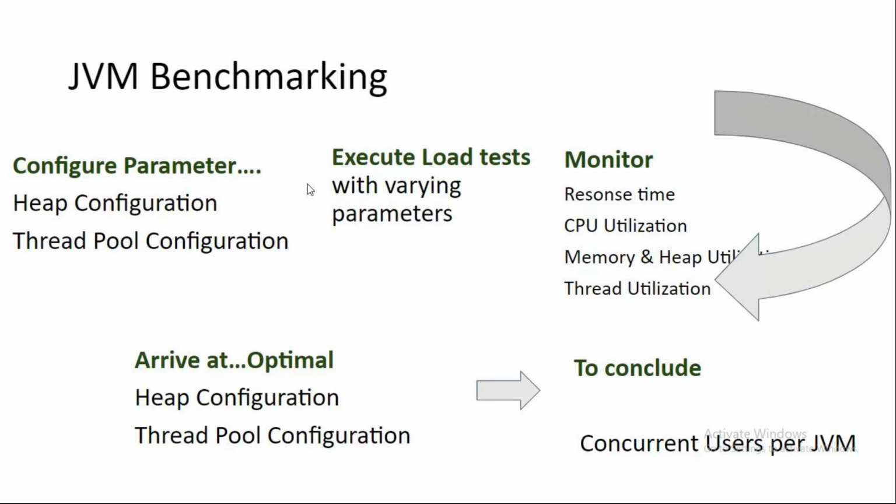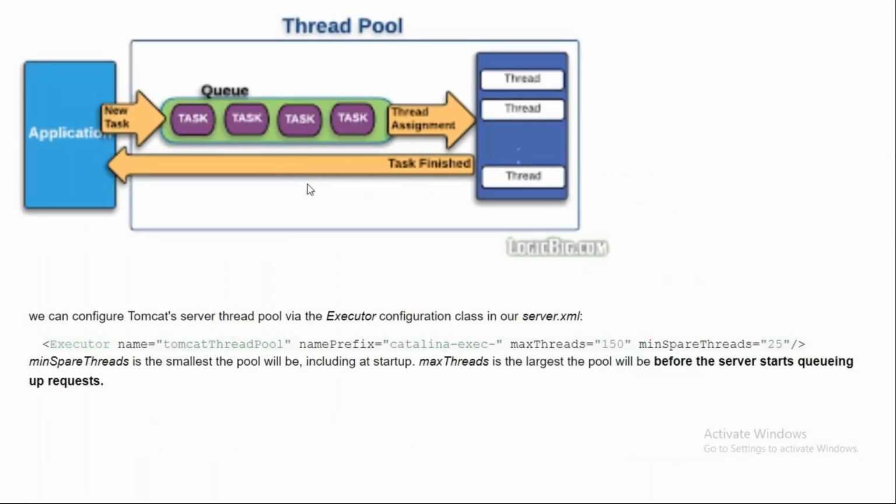Can a single server handle 300 users, 400, 500, 1000 users? How many users can a JVM handle with optimal usage of your thread and heap? That is an exercise you have to do in JVM benchmarking. We'll look into it in detail when we go there after a week or two.